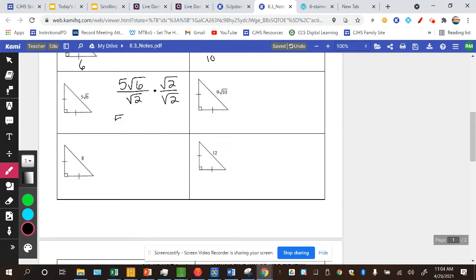So we're going to get 5 square root 2 over 2. Can we simplify the square root 12?